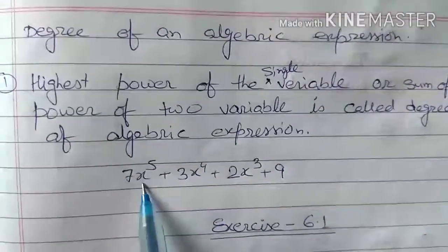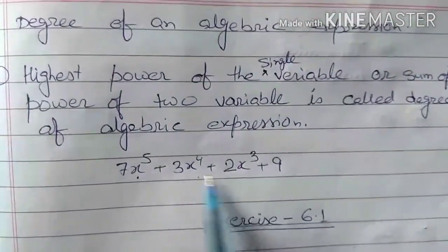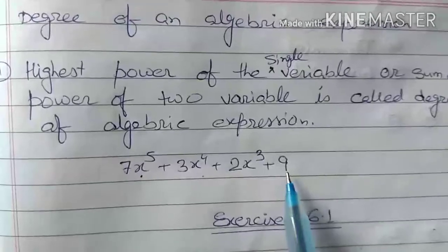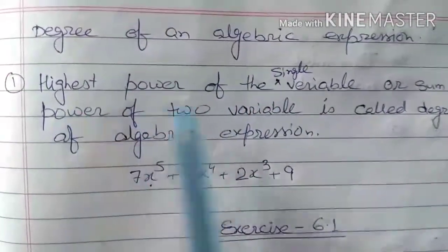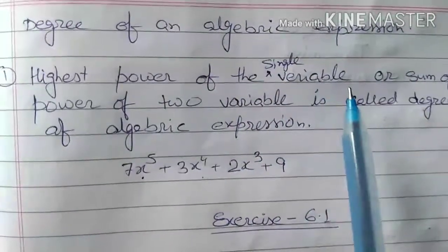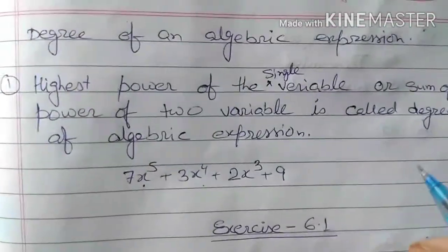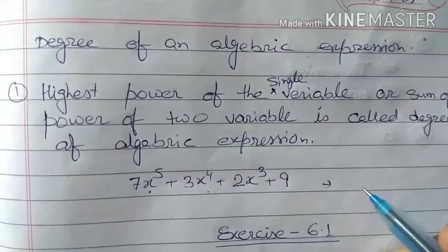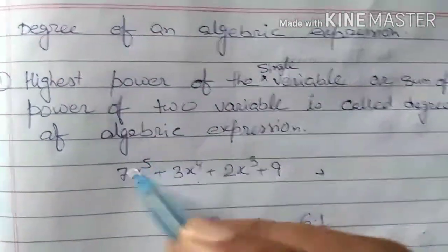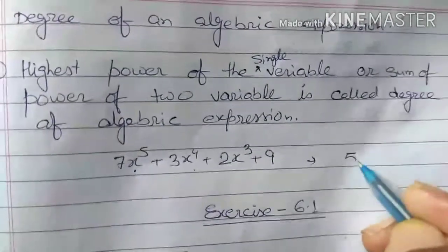It has a single variable x. All the terms have x only. So what I have discussed, the highest power of a single variable is called the degree. So the degree of this algebraic expression is 5.